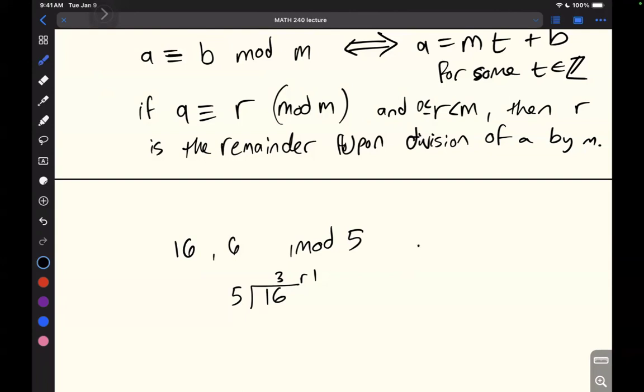And so if we write 16 as 6 mod 5, that's okay, but we're not there yet. And so it's also congruent to 1 mod 5.